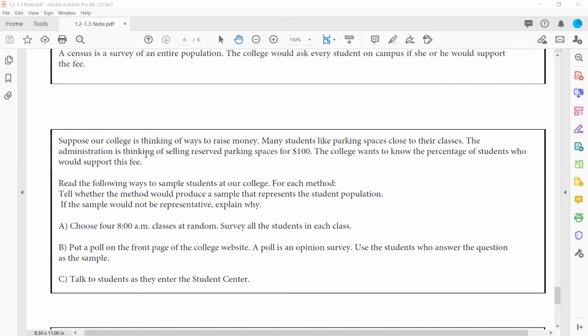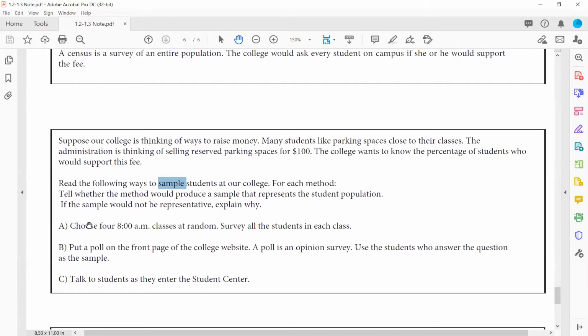The administration is thinking of selling reserved parking spaces for $100. The college wants to know the percentage of students who would support this fee.